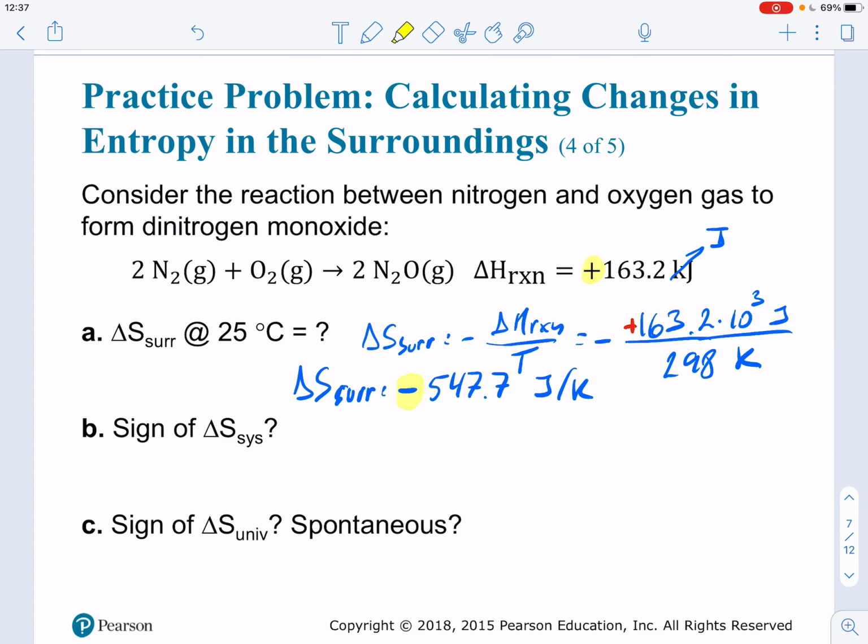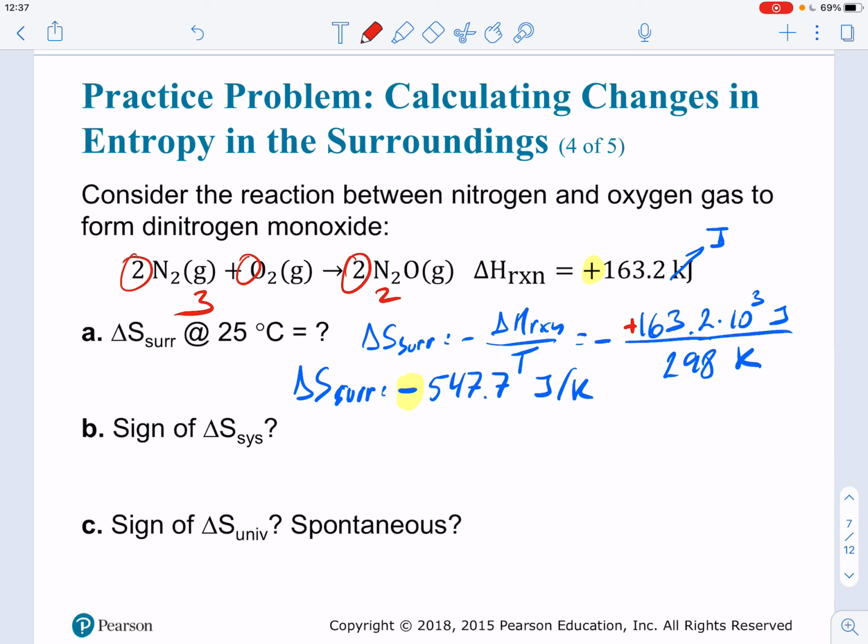Now, what is the sign for the system? In the system, everything is also in the gas phase, and then we have to count the number of moles of gas on both sides of the reaction. Here we have 2 and 1, that's 3, and here we only have 2.